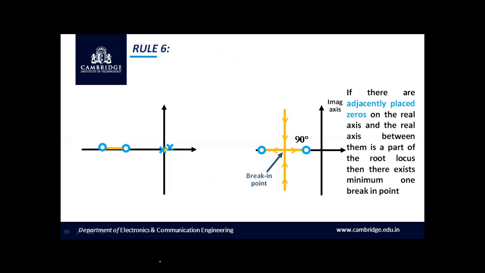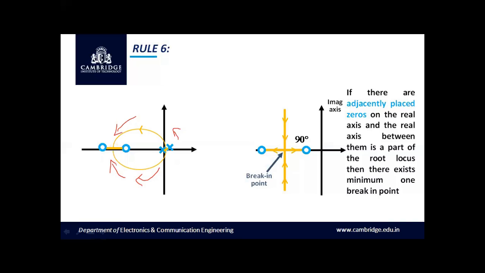So a breakaway point between two adjacent poles breaks away, moving from the real axis into the complex plane, and it tries to enter the real axis again from the complex plane. And on the other side, the branch emerging from the other pole also moves from the real axis, that is s is equal to 0, and enters the complex plane, breakaway.